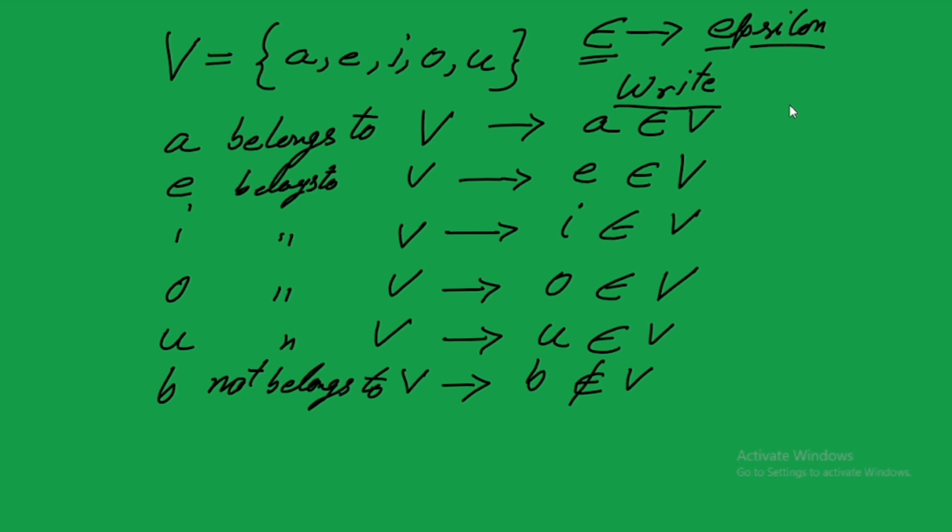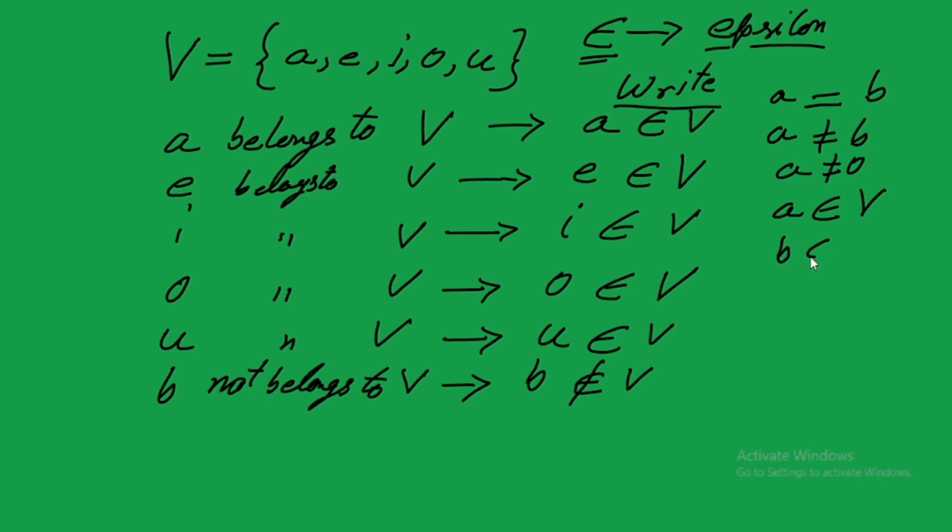In the previous class, we learned what equals to is, and we easily write that A is equal to B, and after that A is not equal to B or A is not equal to 0. In that case we are using epsilon, which means belongs to, A belongs to V. In the same way, when we say B does not belong to V, we simply cross this symbol, not belongs to.